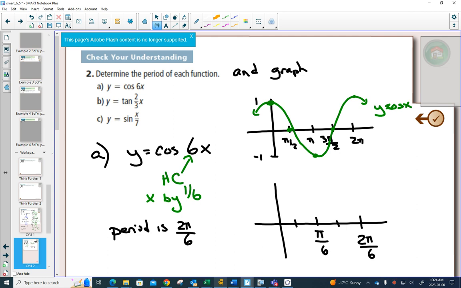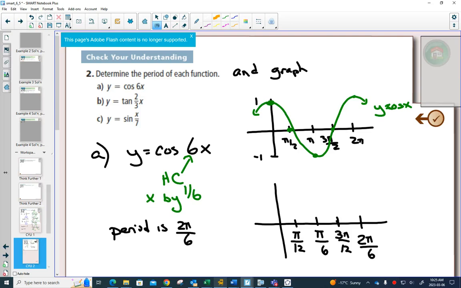If I multiply pi over 6 by a half, multiply tops of your fractions, bottoms of your fractions, pi over 6 times a half will be pi over 12. And then for the third ticky mark, if one of them is pi over 12, just count. 1 pi over 12, 2 pi over 12. This one would be 3 pi over 12. And you can leave it like that, or you could reduce it to pi over 4. That is up to you.